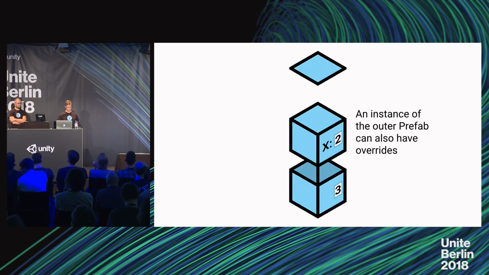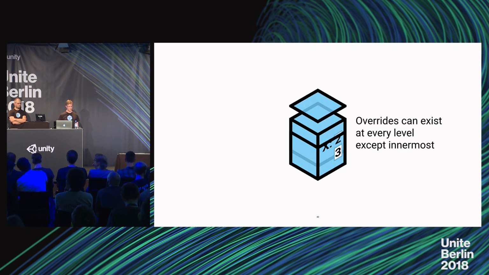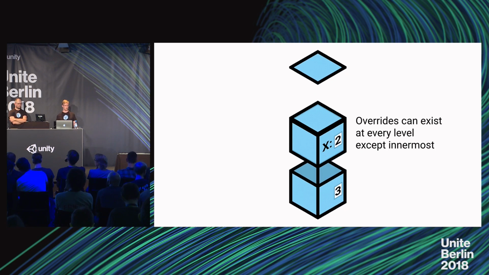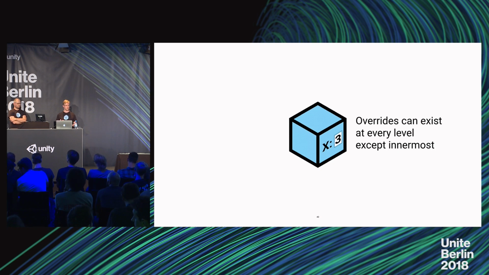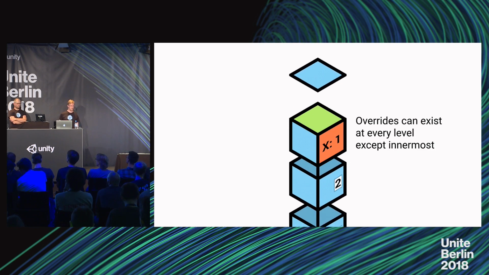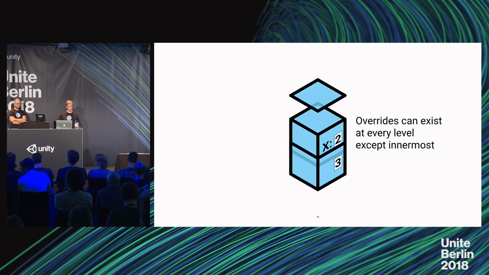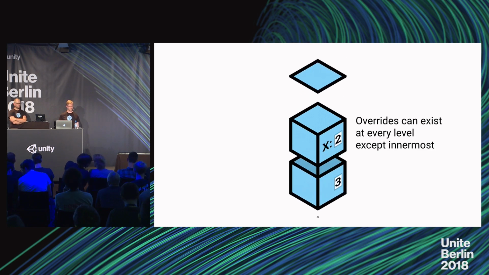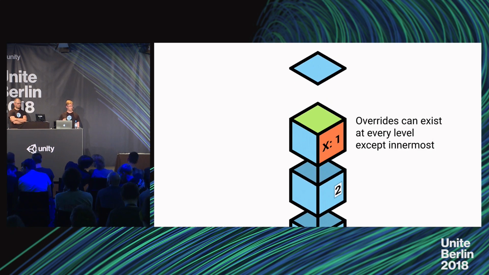You can have these overrides at every level except the innermost, because the innermost level is always just a plain game object, and you cannot have overrides just on a game object. You always have overrides on prefab instances. So the innermost one doesn't have an override, but then every time it's instanced at multiple levels, you can override it at every level outside.